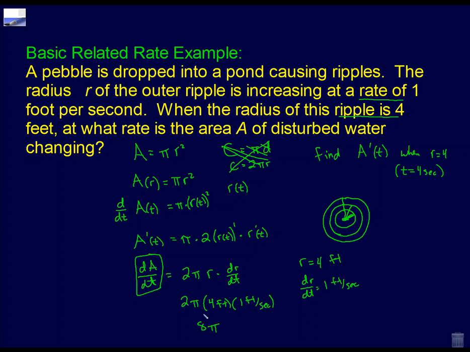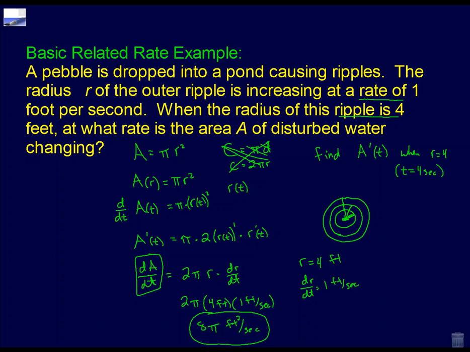And the label is what it should be, because I'm going to have feet times feet per second, which is square feet per second. Which, if you think about it, makes sense because we're finding the rate of change of the area. The area is measured in square feet and the time is measured in seconds. So it makes sense that the rate of change of the area will be measured in square feet per second. And the numerical value is 8 pi, or you can multiply it out on the calculator into a decimal.